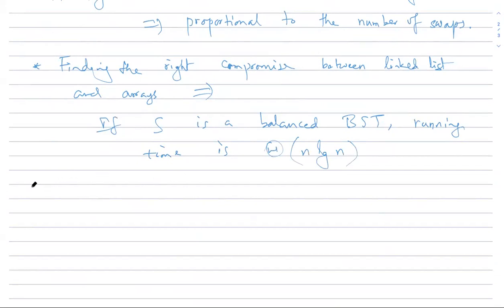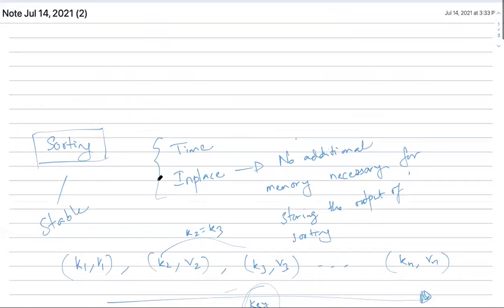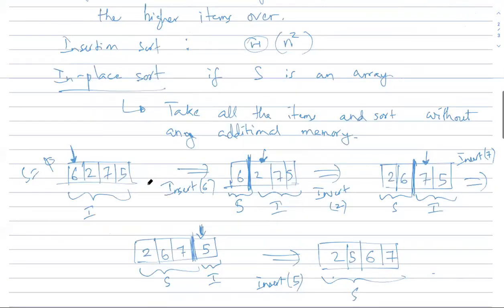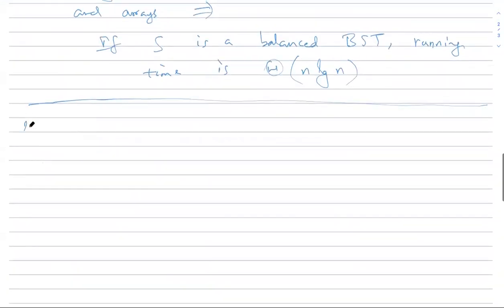All right, so that's about the insertion sort. Now let's talk about selection sort. This is our second sorting algorithm for today. Selection sort is oftentimes also referred to as exchange sort.